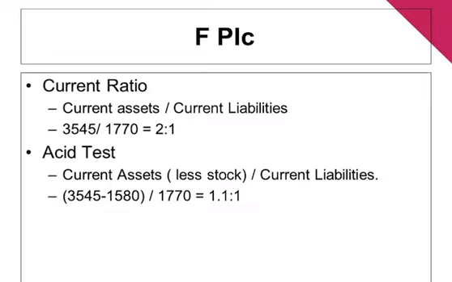Using very rough guidelines that you read in your textbooks and on the internet, that is a good ratio. We have more assets than we have liabilities. To check how good it is, you run the acid test ratio: your current assets minus your inventory or stock, again found on the balance sheet for FPLC in your handout, divided by your liabilities.